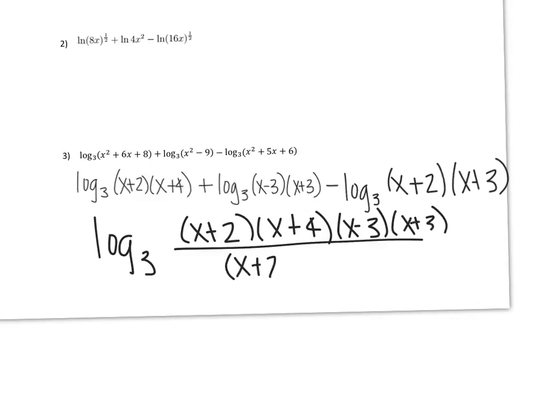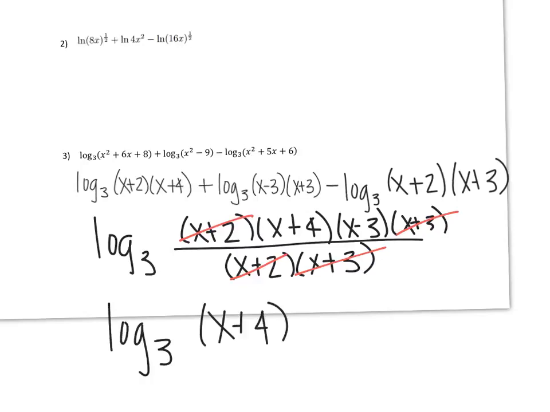And then in the denominator, x plus 2 and x plus 3. Why do those two go in the denominator? Yes, because I was subtracting. And then I can do some canceling. So the x plus 2's cancel and the x plus 3's cancel. So I just end up with the log base 3 of x plus 4 times x minus 3. You can leave it like that or you can multiply it back out, either one. Okay?